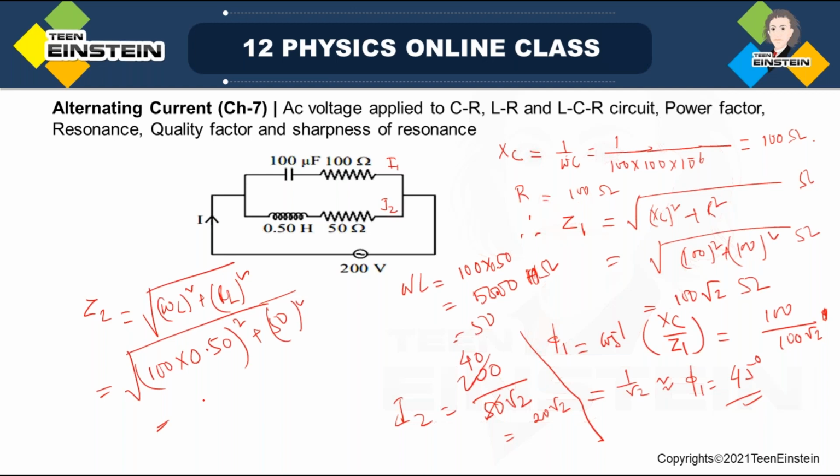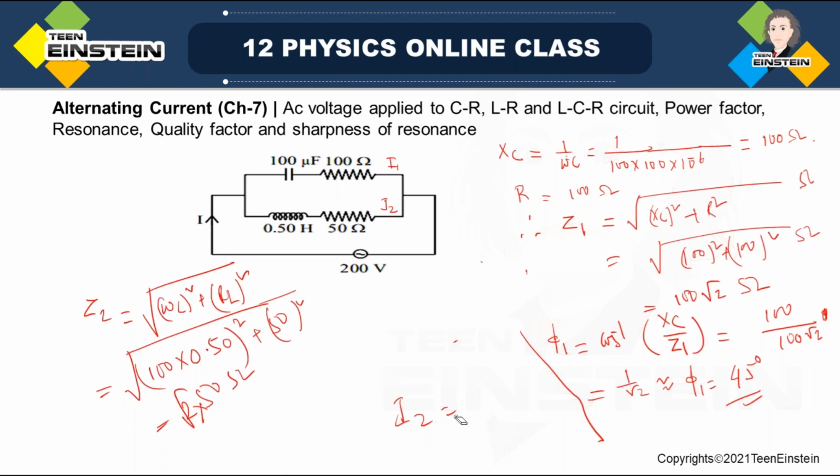So it will give you actually 50 root 2. Then if I want to find out I2, so I2 will be V by Z, so V is 200 divided by Z, which is 50 root 2.